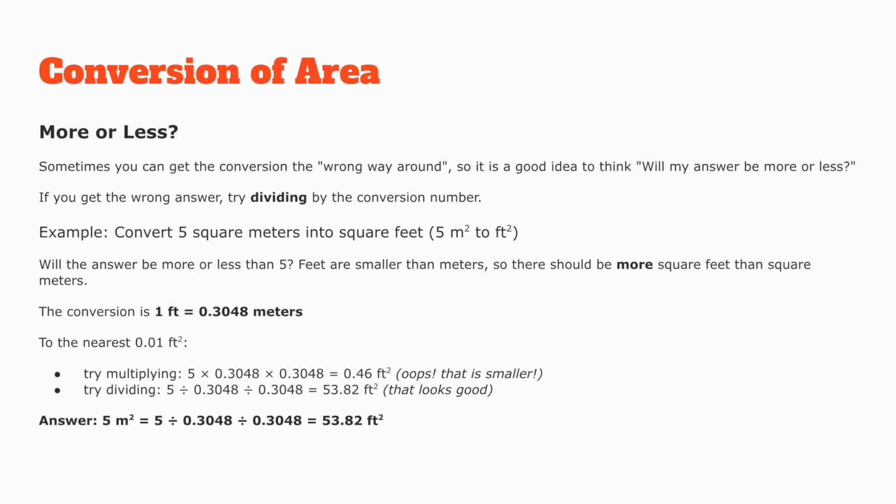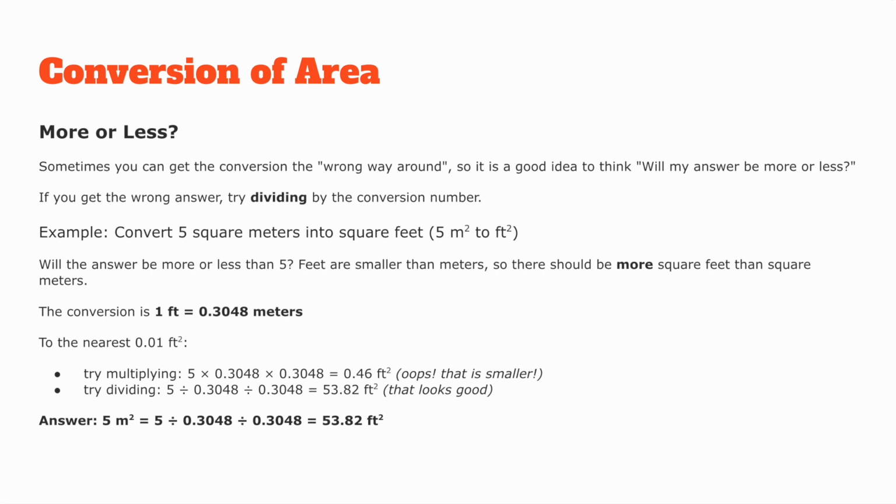To the nearest 0.01 feet square, we can try multiplying and dividing. Let's try multiplying. We multiply 5 times 0.3048 times 0.3048, which gives 0.46 feet square. But it is smaller, so now we can try dividing.